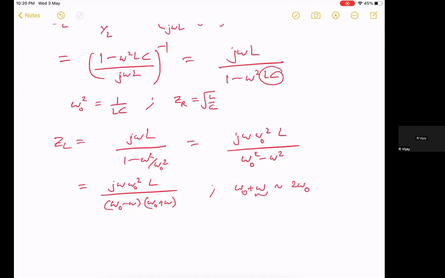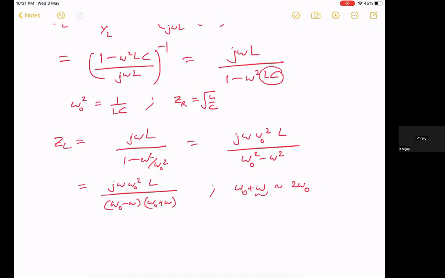So this fact that omega is always going to remain near omega naught, and there is a third implicit assumption, and I'll just comment on both the practical and the physics angle to it as well, is that we are assuming that the value of omega naught is quite high, right?